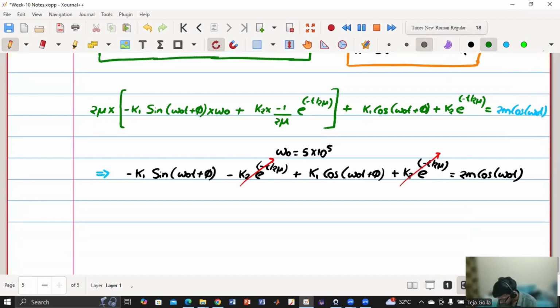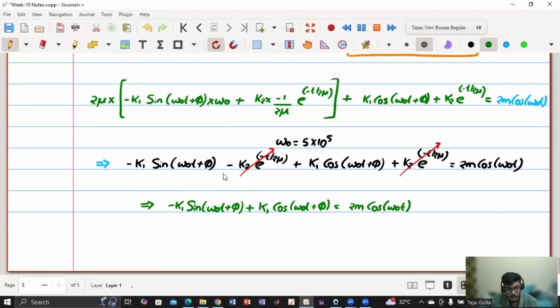So the overall expression will be something like this: minus K1 sine omega naught t plus 5 plus K1 cos omega naught t plus 5 is equals to 2 milli cos omega naught into t.